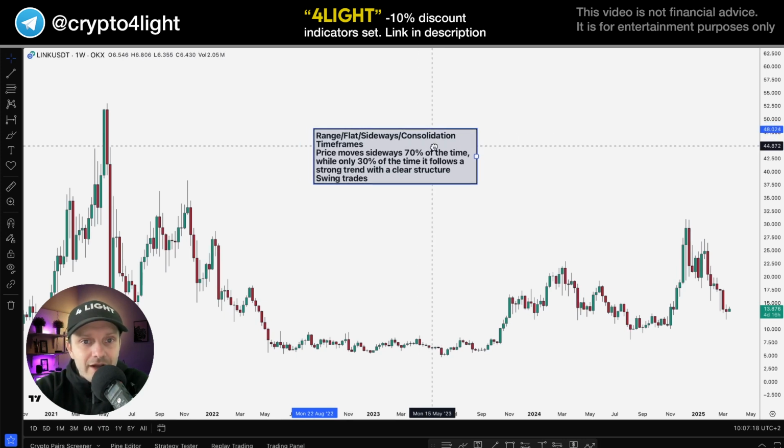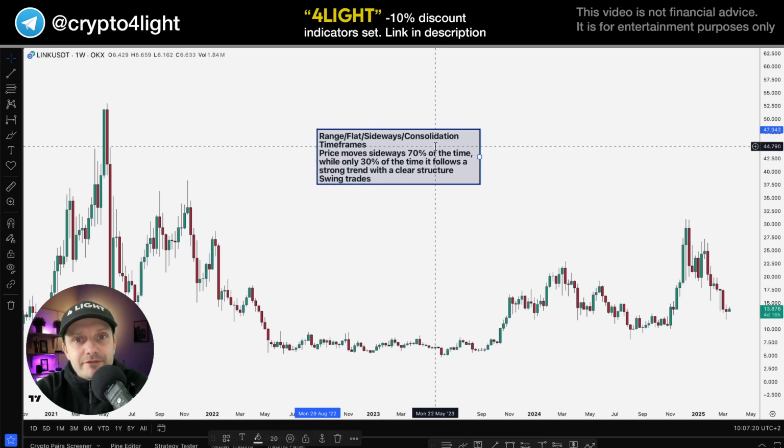Next moment, you have to pay attention to the time frames. Everything we see on the charts is just basic fractals, basic patterns, and what happens on a weekly time frame can almost repeat itself on a 1 hour time frame, for example. That's why you have to work with those time frames and work with that range.